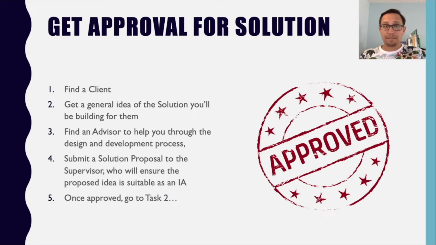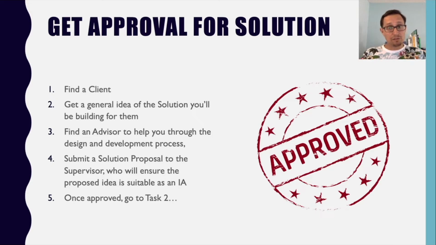Okay, so the first step is to find a client and then get approval: talk to them, make contact, and get a general idea of what solution they want, and you need to get your approval for it. Also find an advisor to help you in the design and development process.